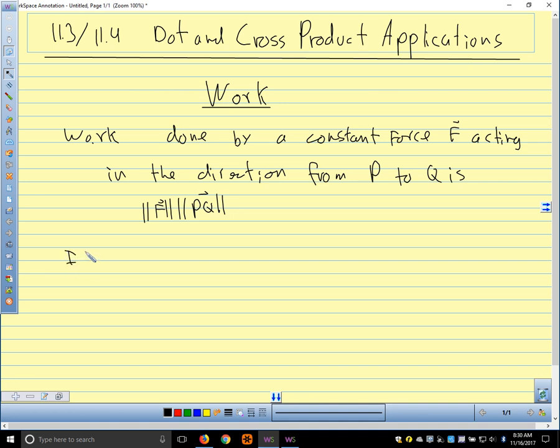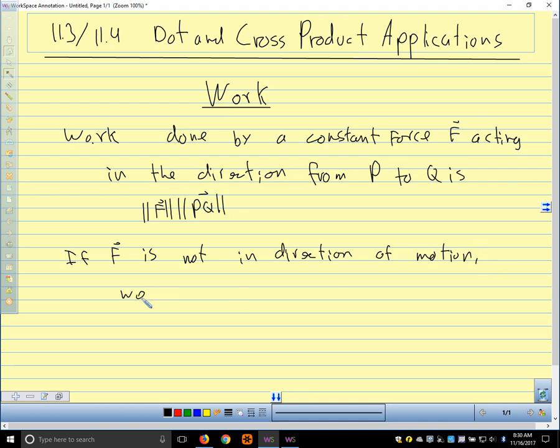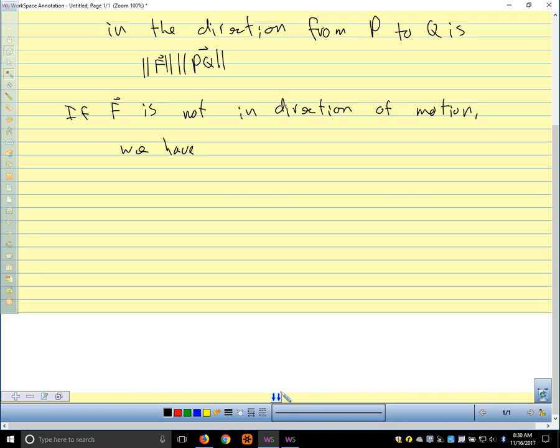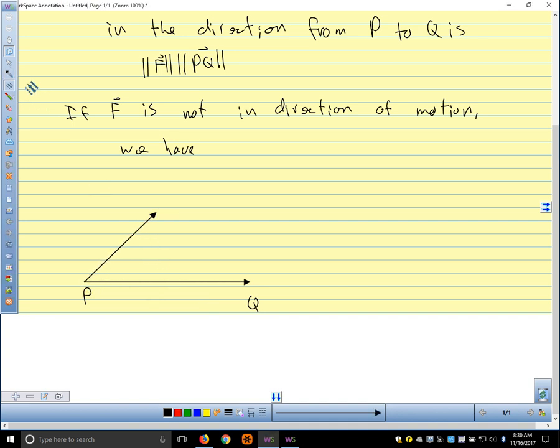If our force is not in the direction of motion, we're going to have something like this. Draw a little picture here. So here's our direction of motion, like so. And this is our vector PQ. And our force is acting at some angle to PQ. So there's F.